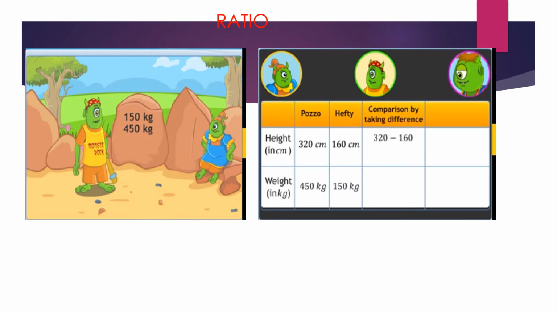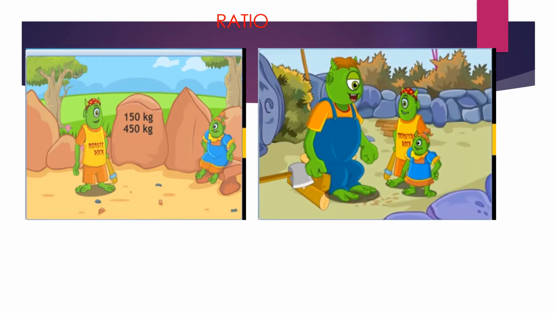So, the difference between your heights is 160 centimeters. You're right, Hefty. And the difference between your weights is 300 kilograms. However, we still don't know how many times Pozo is heavier and taller than you, Hefty.